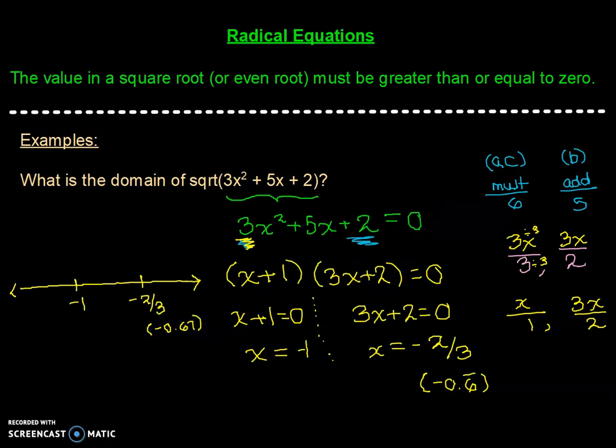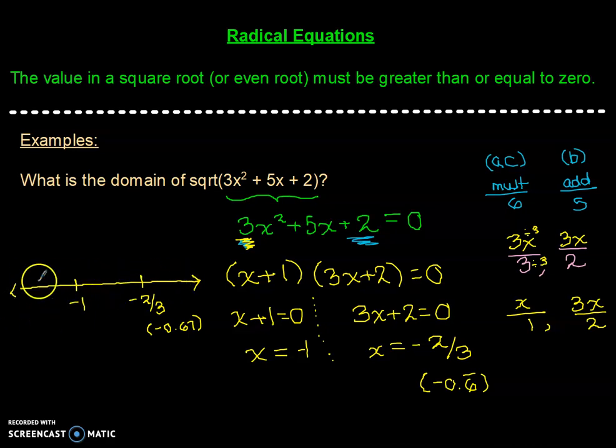So on a number line, these are the two values that would make my square root 0, which can be used. That's perfectly fine. You can take the square root of 0, but now I want to actually just use numbers to the left, middle, and the right of it.